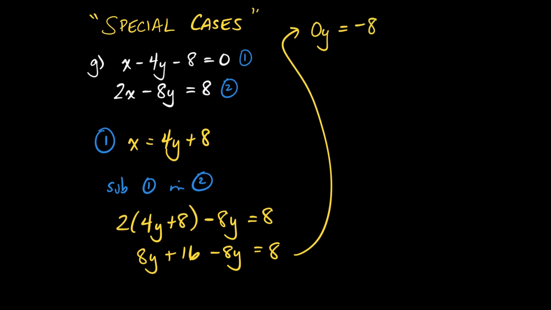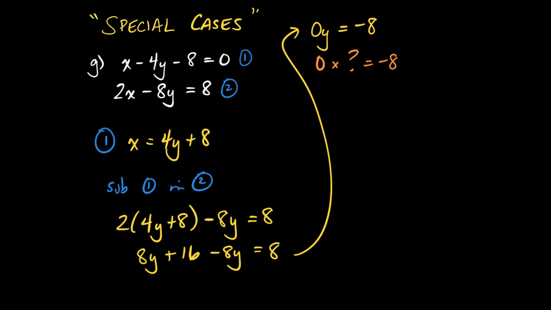And automatically, I think for a lot of us, we're going to go, okay, this feels a little weird. Maybe you can see where it falls into a special case sort of situation. Okay, how do I interpret what I have now? Well, if I take a look at that equation and try to solve it, that equation says 0 times some number, I don't know what that is, has to equal negative 8.